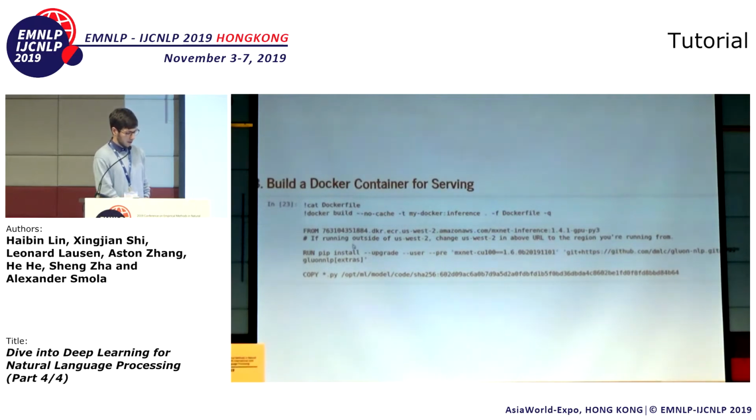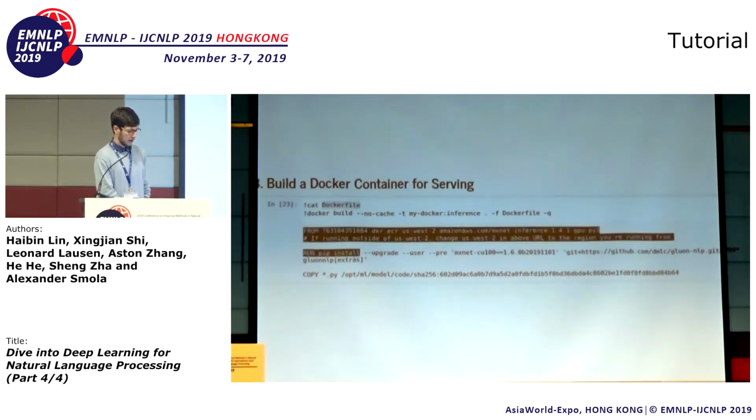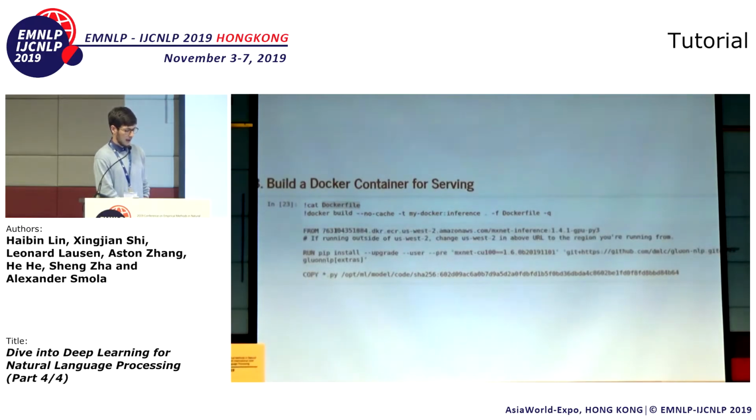For the purpose of this tutorial, we will use a recent version of MXNet that is not yet provided natively by SageMaker. So we will just define our own Dockerfile here. I define a Dockerfile as follows. I just inherit from the Docker image used by the SageMaker team. This URL you can also find in the documentation there. And I specify the region I'm running in. We are currently using this US West 2 region.